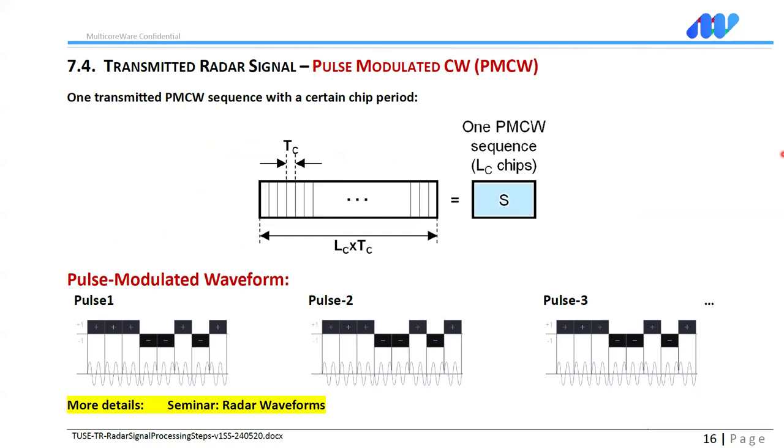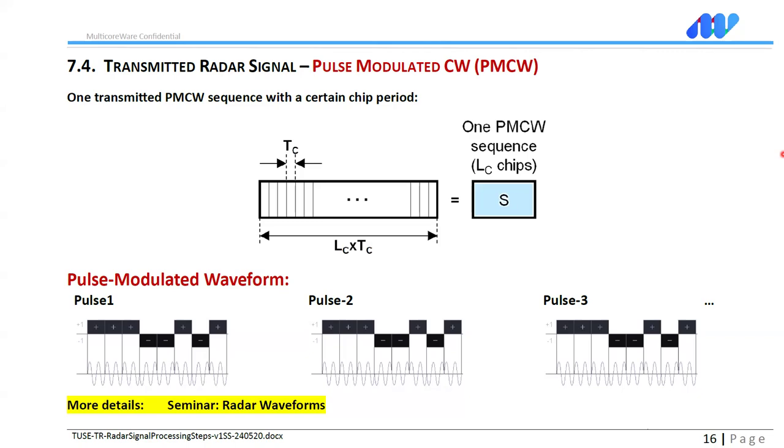It has some modulation on it. Here you have a phase shift keying waveform, and it's binary, so the phase is +1 or -1. That means 0 and 1 in digital communications, but here it's just a code. It codes the radar signal.